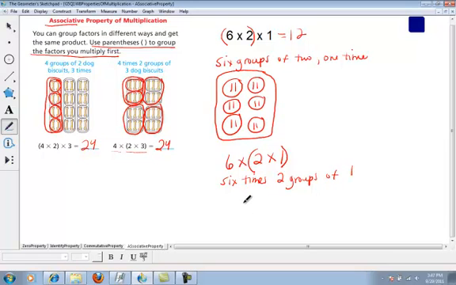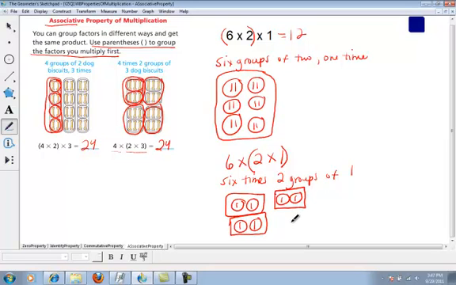So I'm going to just start with 2 groups with 1 in each group. Okay? And I'm going to have this amount 6 times. So there's 1. And I have to have 2 groups and 1 in each group. There's 2 groups and 1 in each group.